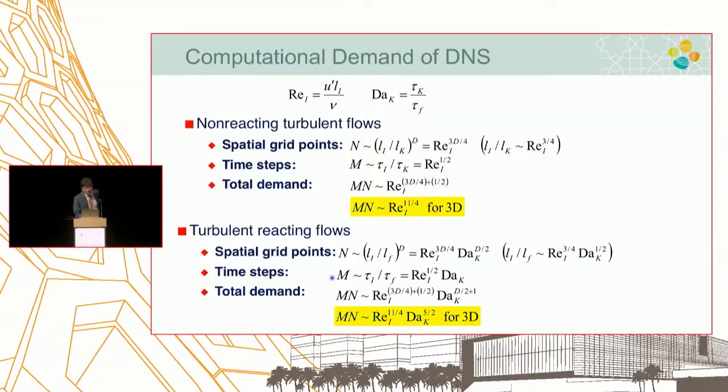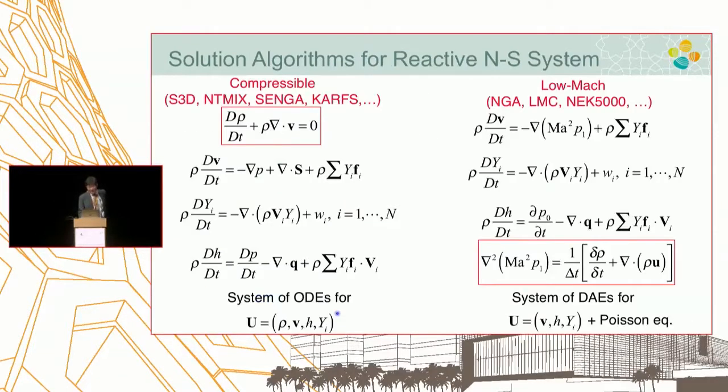Turbulent combustion makes it even worse because there's an extra Damkohler factor, and that Damkohler number is usually large, so you have to resolve even more. So just to try to impress you, DNS of turbulent combustion is really hard. Having said that, it's being done, even in the detailed chemistry context.